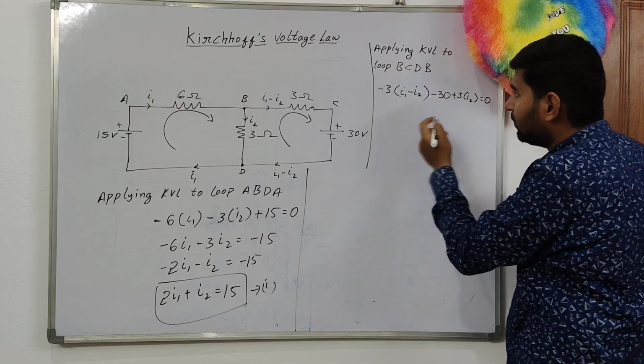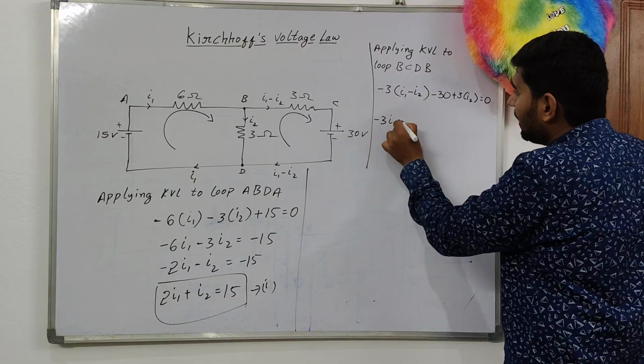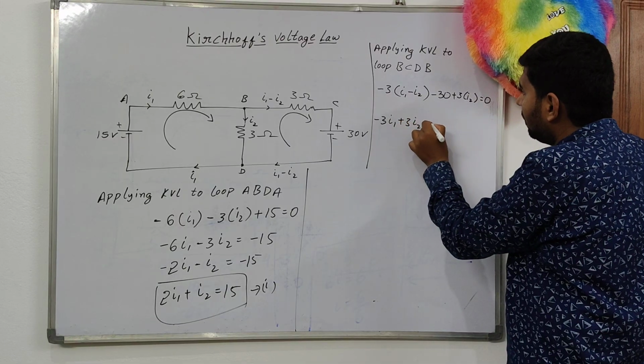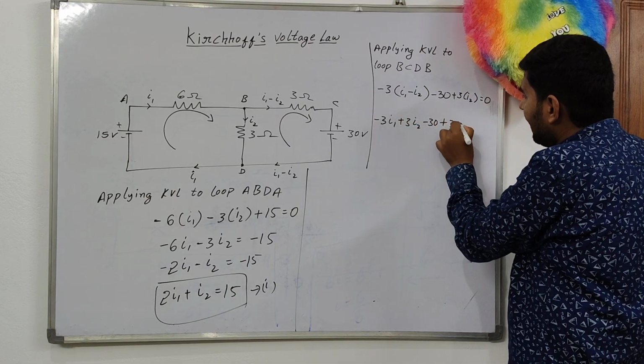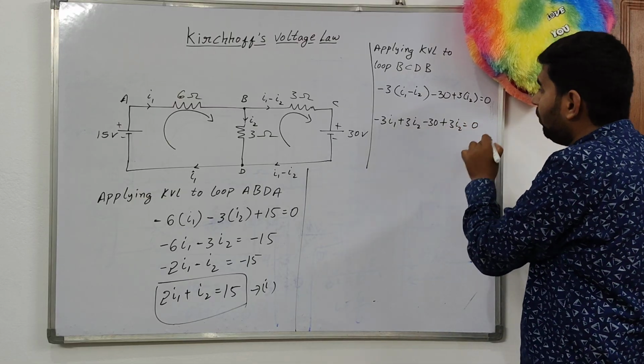How can I write this? Minus 3I1 plus 3I2 minus 30 plus 3I2 is equal to 0.